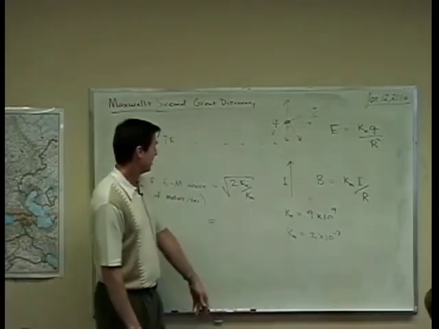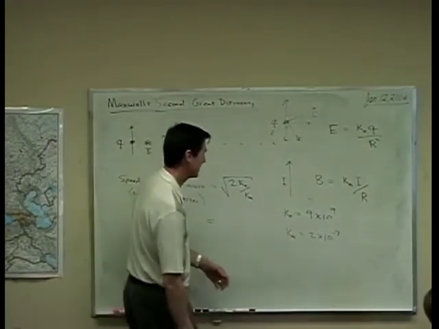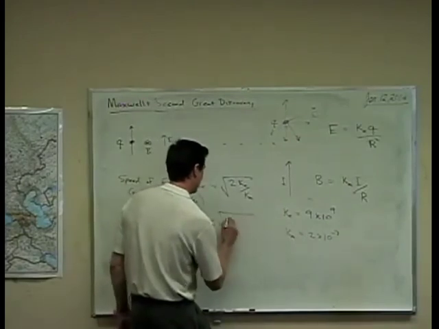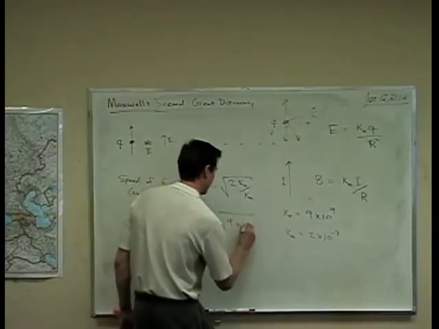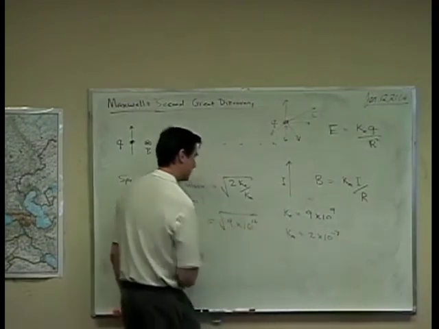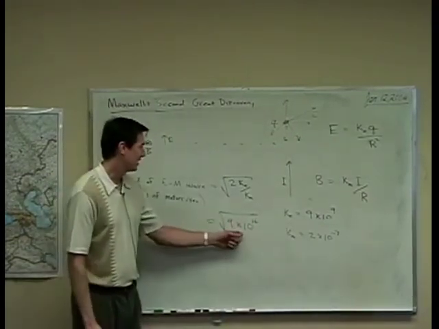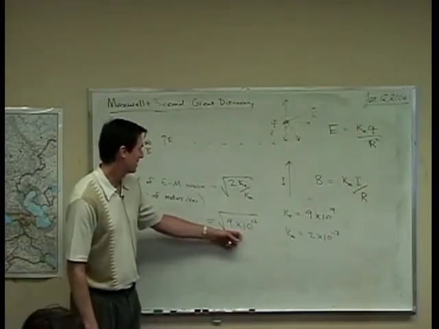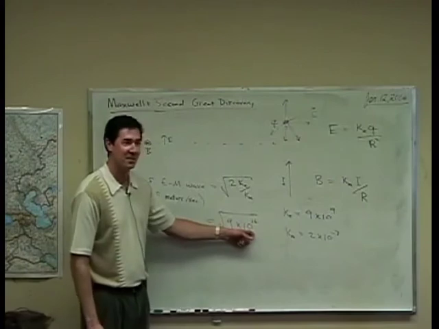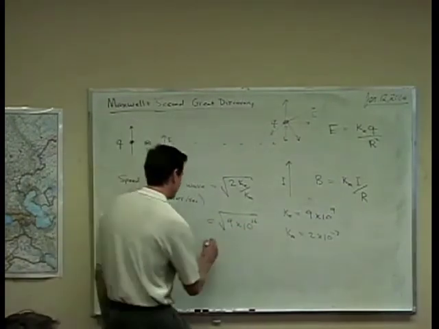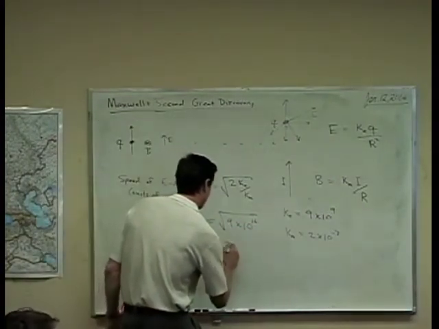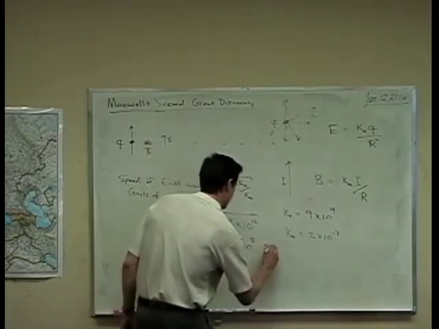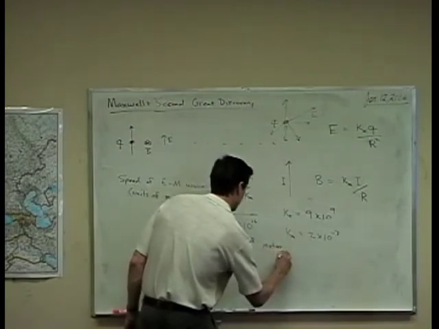If you work this out, you get the square root, doing a little math in my head, of 9 times 10 to the 16th. That comes to 3 times 10 to the 8th meters per second.